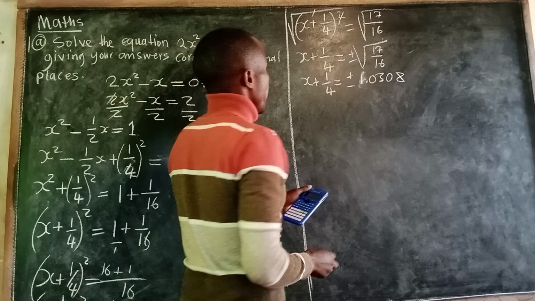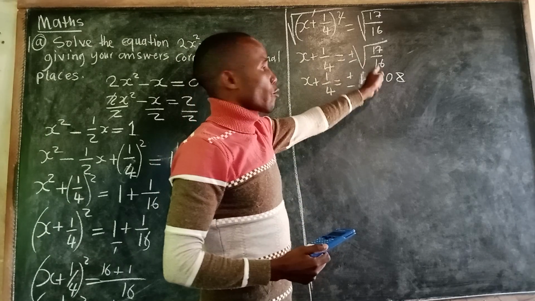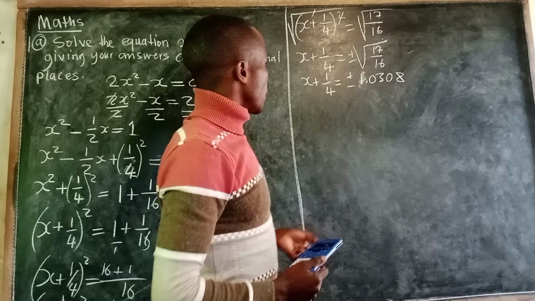We can end there. That is our answer when we square root 17 over 16.